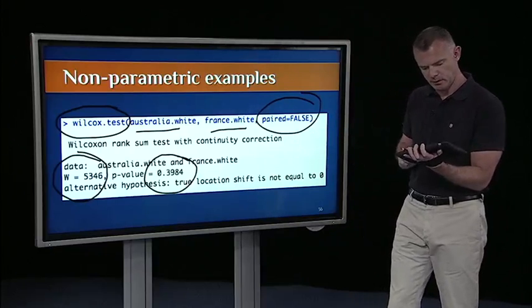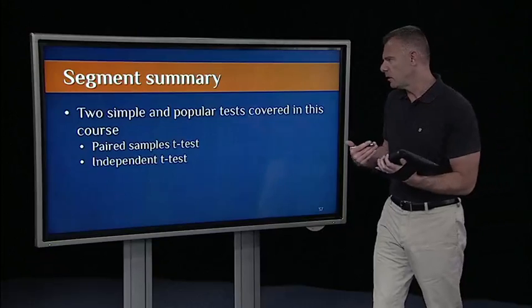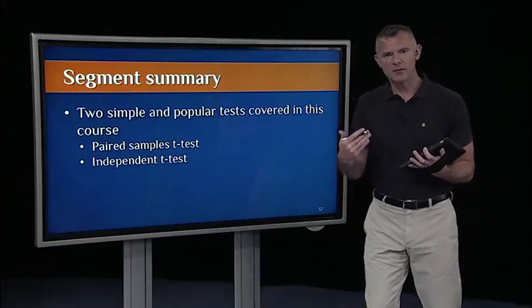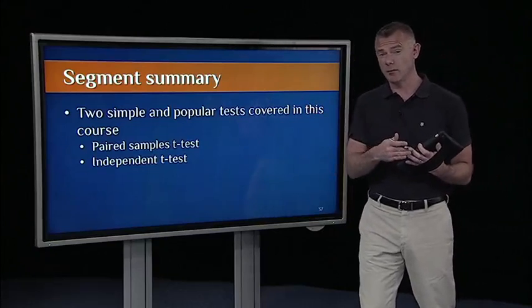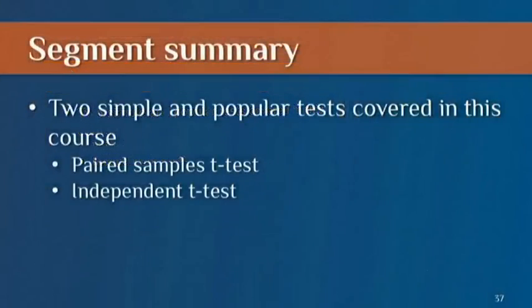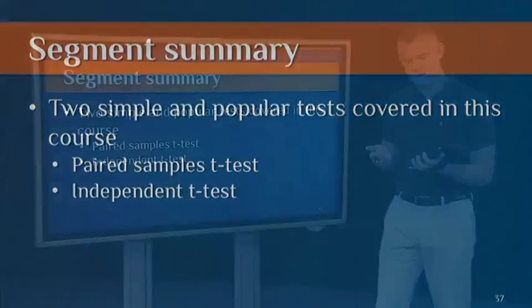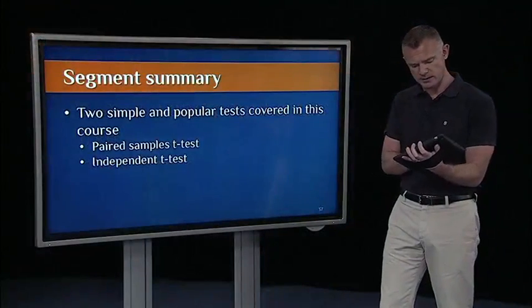Okay? So to wrap up this segment, there are lots of nonparametric procedures available to you. There are nonparametric procedures available for all the procedures that we covered in this course. Here in this lecture, I just illustrated 2 of them. So 2 of the simple and popular tests that we covered are paired samples T and independent T. Those are parametric tests.